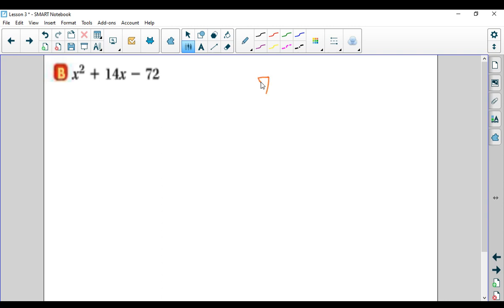We're going to start with 72 times 1. 2 times 36. 3 goes into it, times 24. 4 times 18. 5 doesn't go into it, but 6 does. 7 doesn't go into it, but 8 does. And then we're back at 9, and we already have 9, so we have found them all.